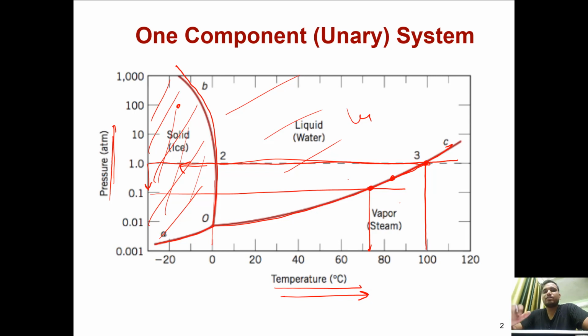So that is the meaning of the pressure and temperature relation: it's not always that water boils at 100 degrees centigrade. Yes, it boils at 100 degrees centigrade if we keep the pressure at 1 atm, but if we reduce the pressure, it will boil at a lower temperature. So if you are heating water at a high altitude mountain where the pressure is low, you are going to consume less fuel. Okay, next.